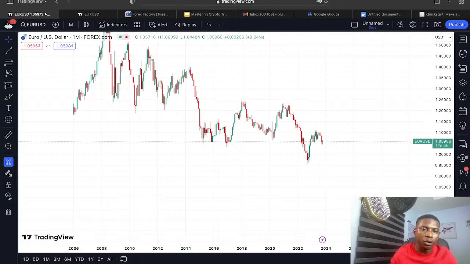I'm of the opinion that the higher time frame gives you a broader view of what is going on, the general market direction, while the lower time frame gives you a clearer view as to what is currently happening in the market.